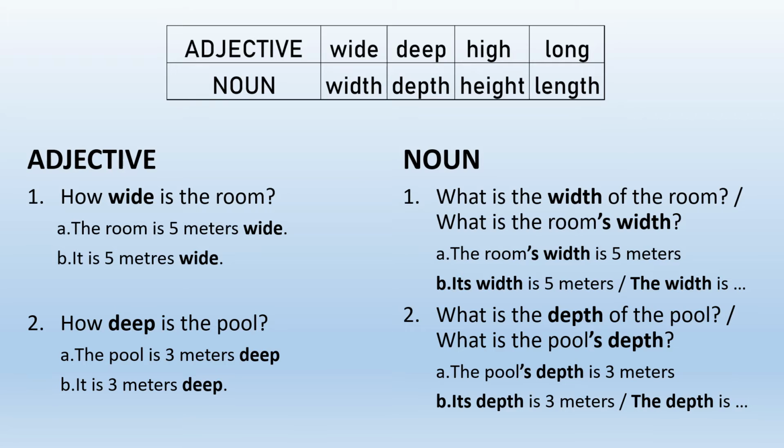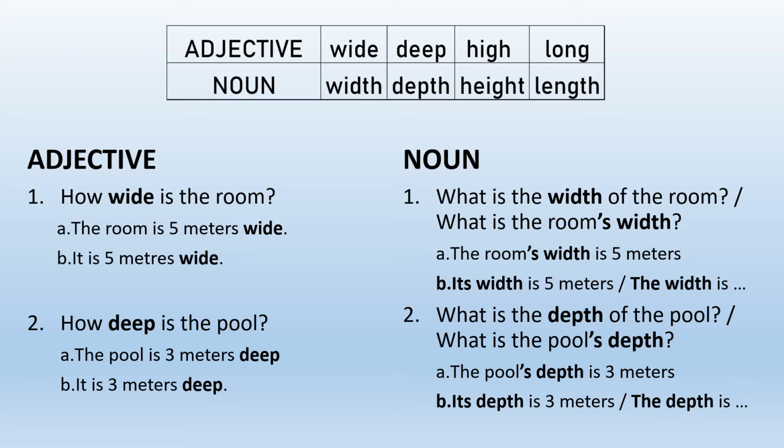Look at the noun. When you are going to use the word width, it means that you are going to use noun. So the format will be what is the width of the room or what is the room's width?